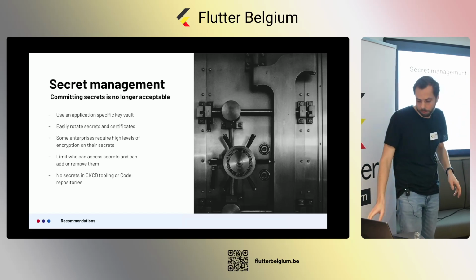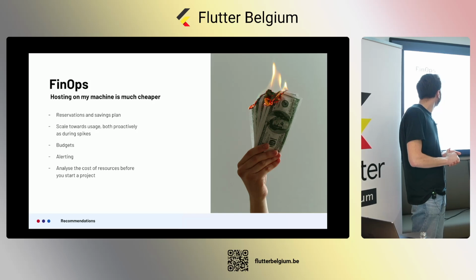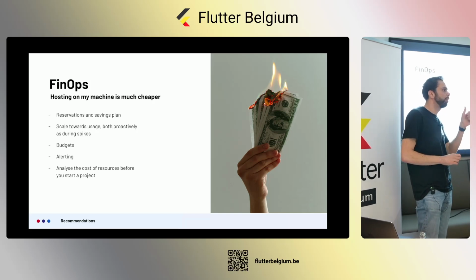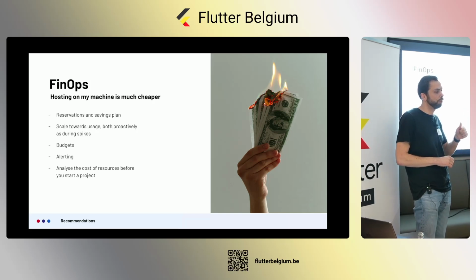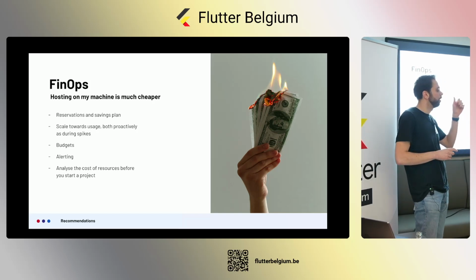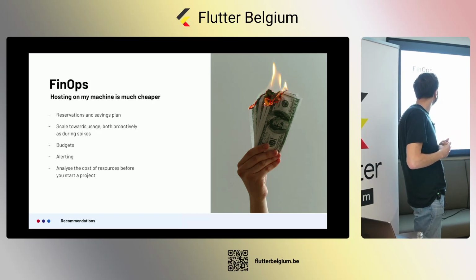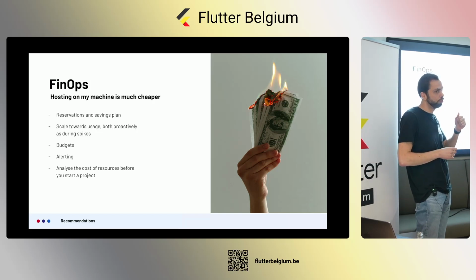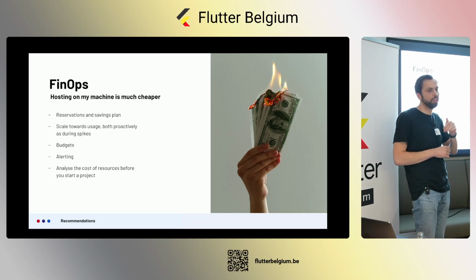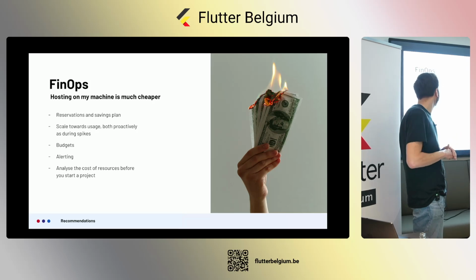For example, for Serverpod, we have certain secrets that only the application can access and nothing else. And then FinOps. When hosting on the cloud, it's important that you know certain principles, otherwise your cloud expense can be very high. One of them is reservation: reserving your compute saves you a lot of money. Also, scale towards usage. If you know there's nothing running at night, scale it down. If you know you have high peaks in the morning, scale it up.